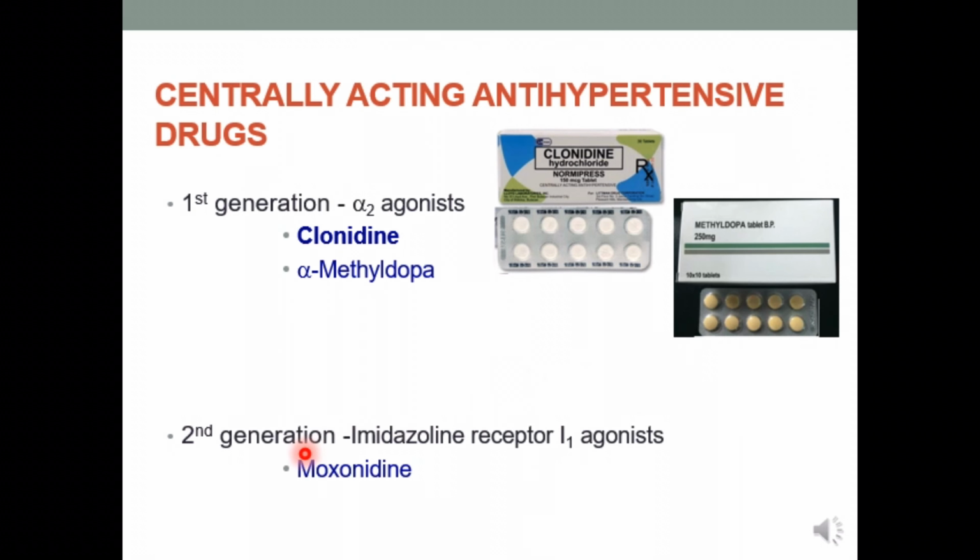And the second generation centrally acting are drugs that act on the imidazoline receptor or I1 receptor and act as an agonist. So the only drug available is moxonidine.